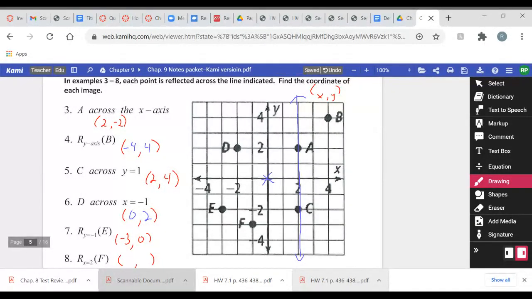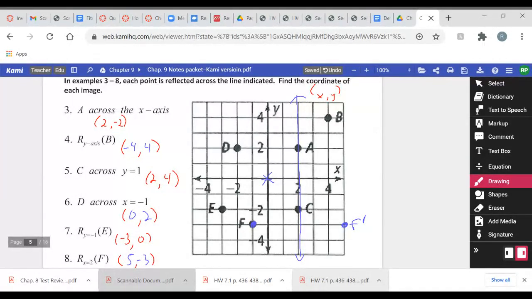I'm reflecting point F, which is over here, and it is 3 to the left of the blue line. So if I go 3 to the right for my new F, I start at the origin, I'm going 1, 2, 3, 4, 5, and then down 3, 1, 2, 3. So 5, -3. And that covers that part.